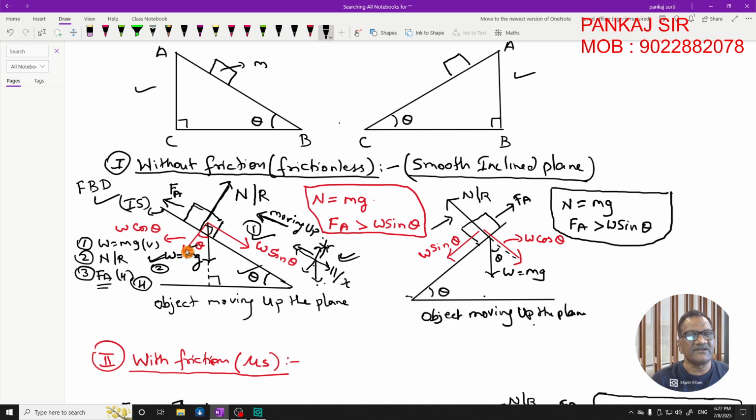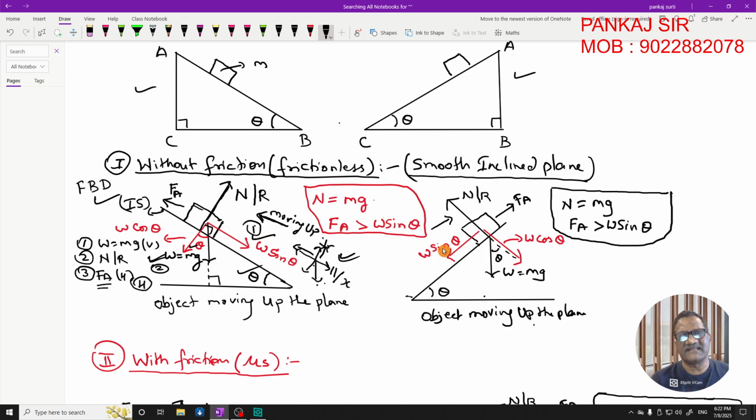So your perpendicular component is going to be w cos theta, and your parallel component is going to be w sine theta. Once the two components of this inclined plane are also drawn on the FBD, now your FBD is complete. So this is how you have to draw the FBD diagram of such questions where a block is kept on an inclined plane. Is that clear?